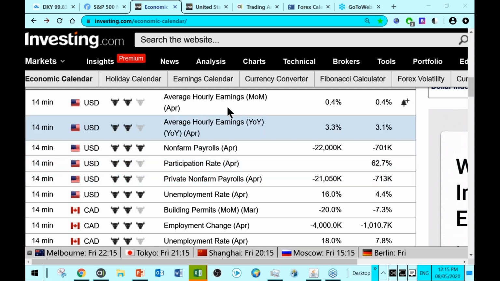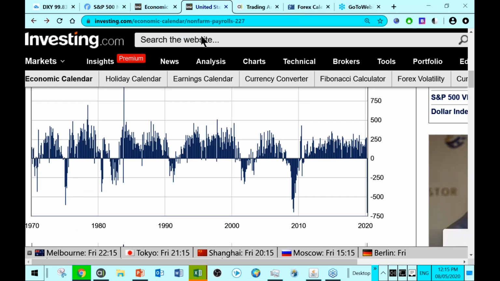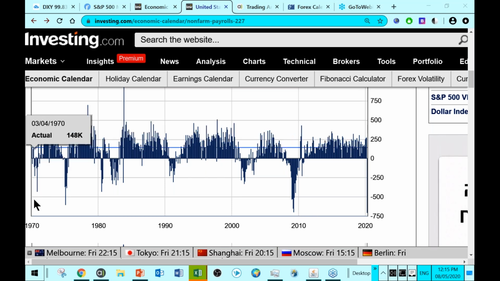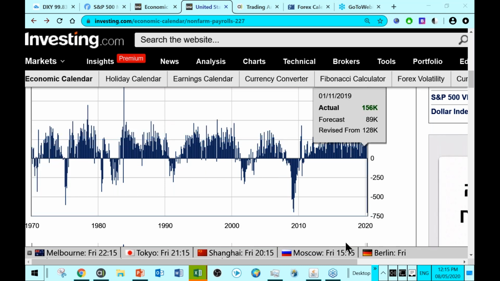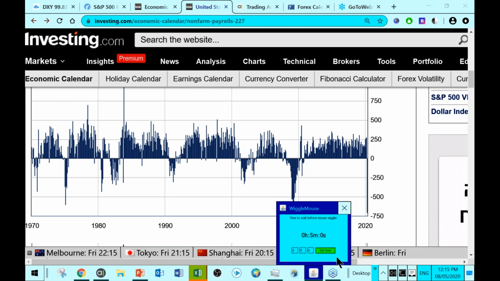Let me just show you a little bit of history on this chart. This is last month. This goes back till 1970. This is the worst since 1970. We happen to know now from research that most of us have done over the past couple of weeks that this is the worst.